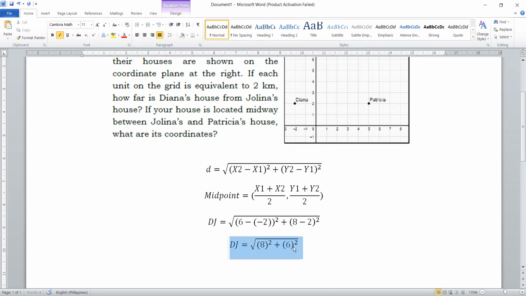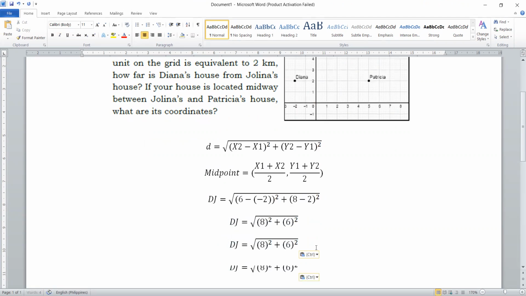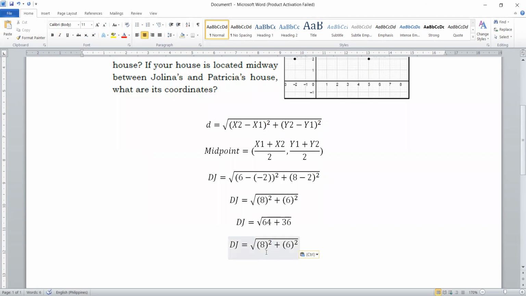Simplifying further, we have 8 squared is 64 and 6 squared is 36. So the distance between Diana and Jelena's house is 64 plus 36, which is 100. The square root of 100 is 10.